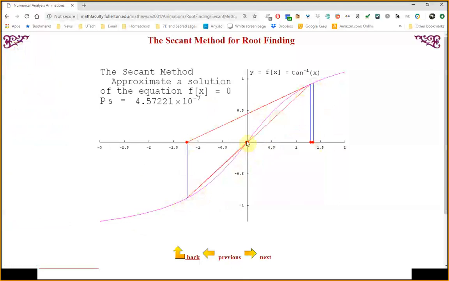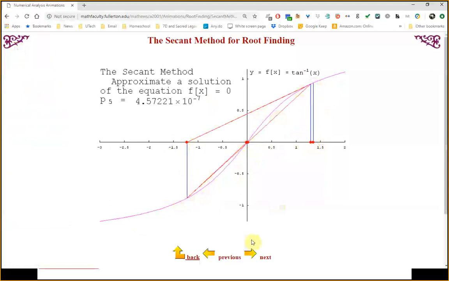Okay, and now we disregard this, and now we're using this one and this one. So I draw a straight line between both of those, and wherever it crosses, that's now my fourth iterative step. Now I disregard this one and I just use these two. These two are of course very close to the answer. You get to the answer very quickly.